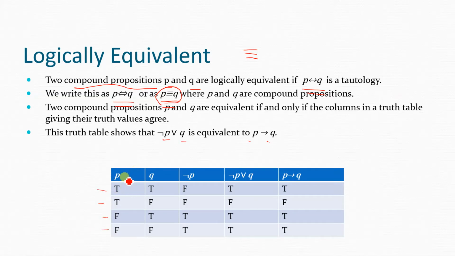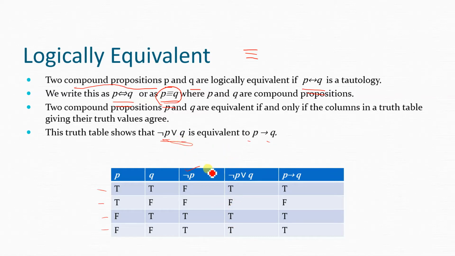The first column is dedicated to truth values for P, the second column has truth values of Q, and the third column is for negation P. Since we have to find the truth value of negation P or Q, we had to find the truth value of negation P. Now negation P or Q gives us these truth values: true, false, true, true.